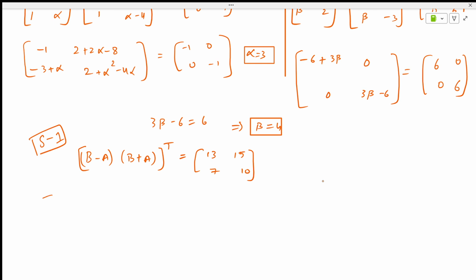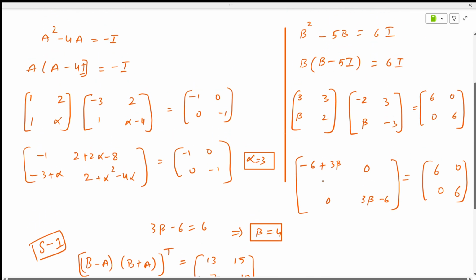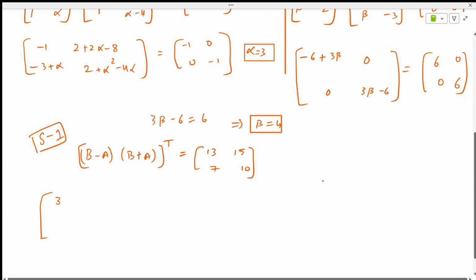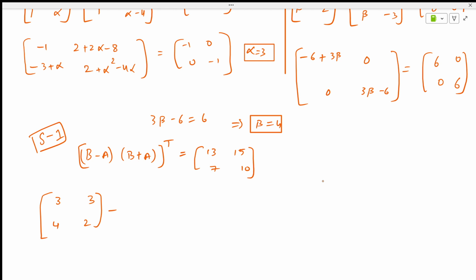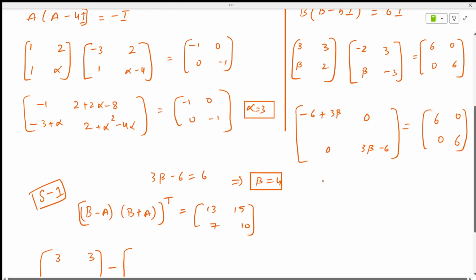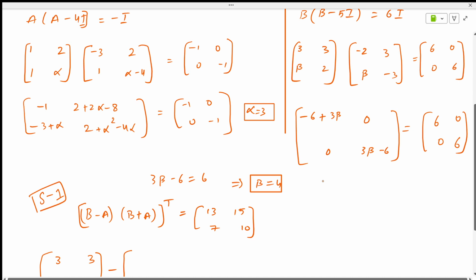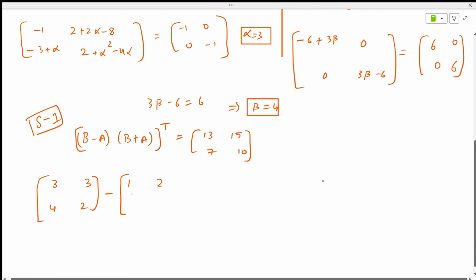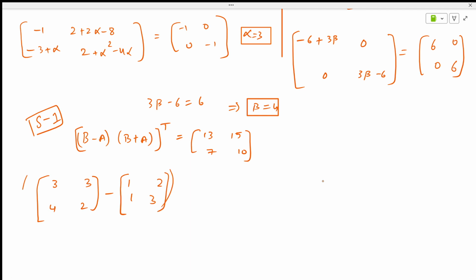So what is B actually? B is 3, 3, beta 2, so 3, 3, 4, 2, minus, and what about A? A is 1, 2, 1, alpha, so 1, 2, 1, 3, into, same thing, 3, 3, 4, 2 plus 1, 2, 1, 3.